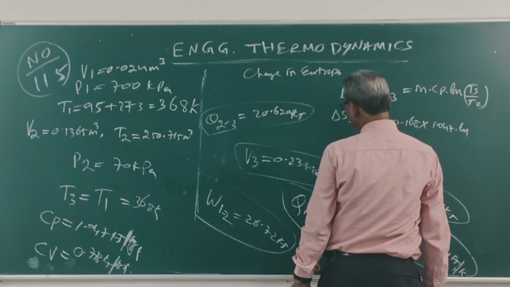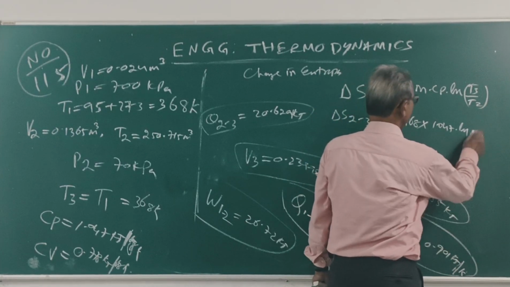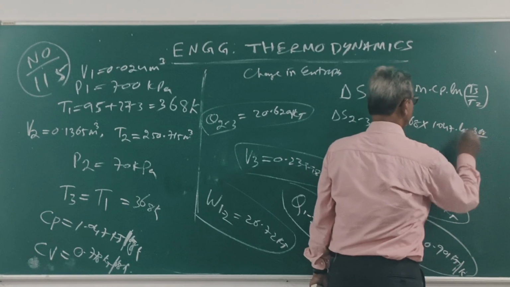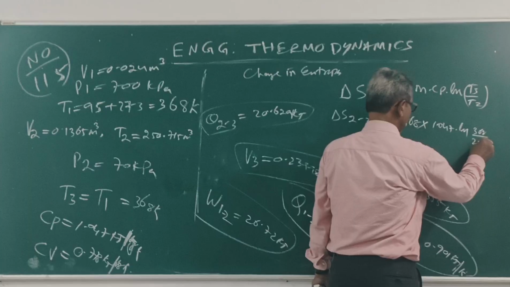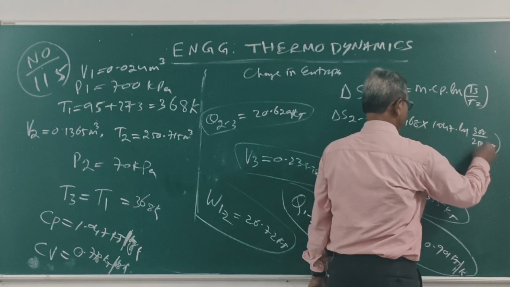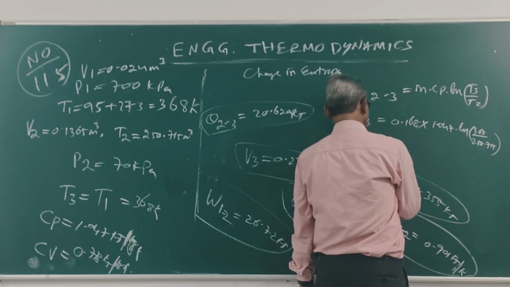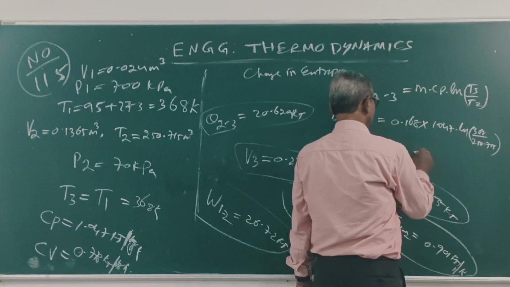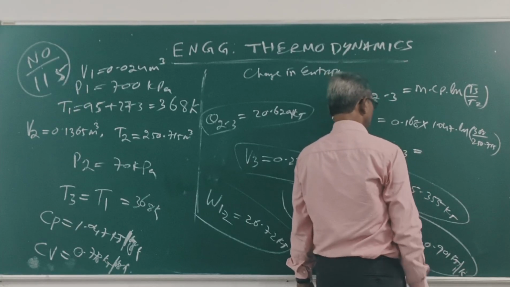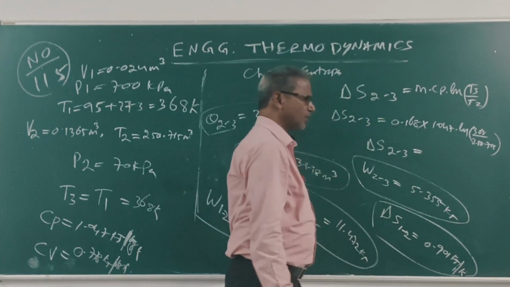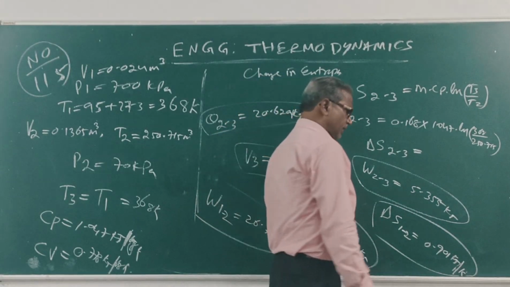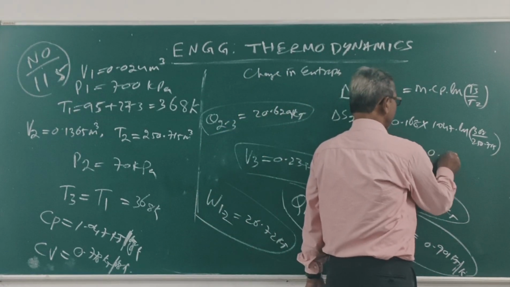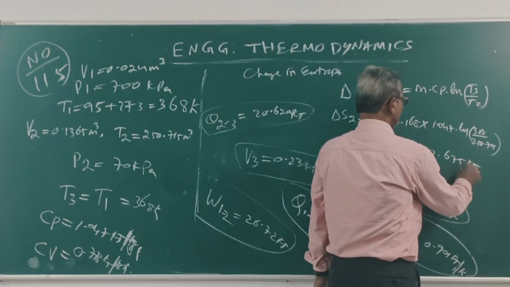T3 means 368, T2 means 250.715. This is delta S23. Right? So delta S23 is equal to 0.675 kilojoule per Kelvin.